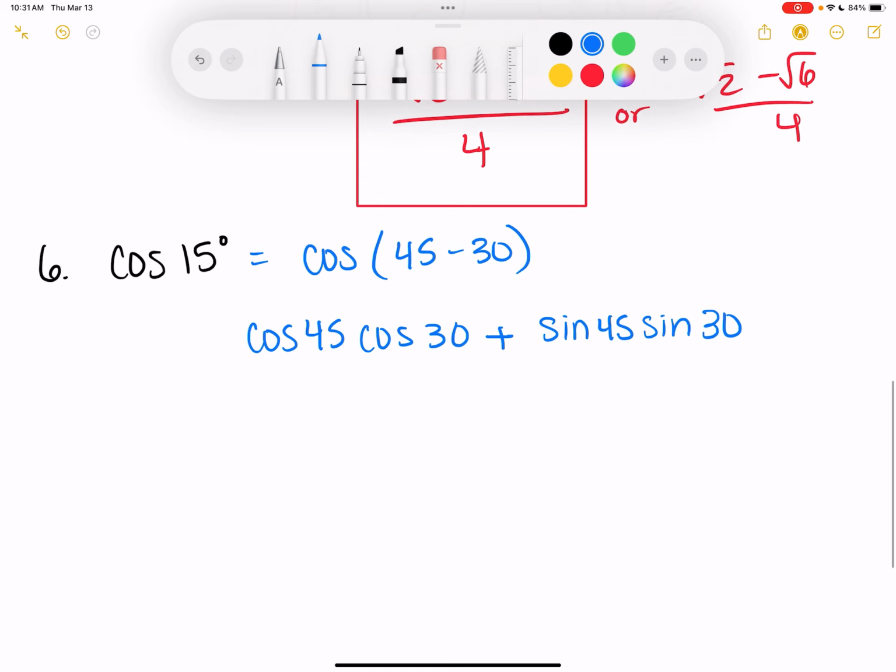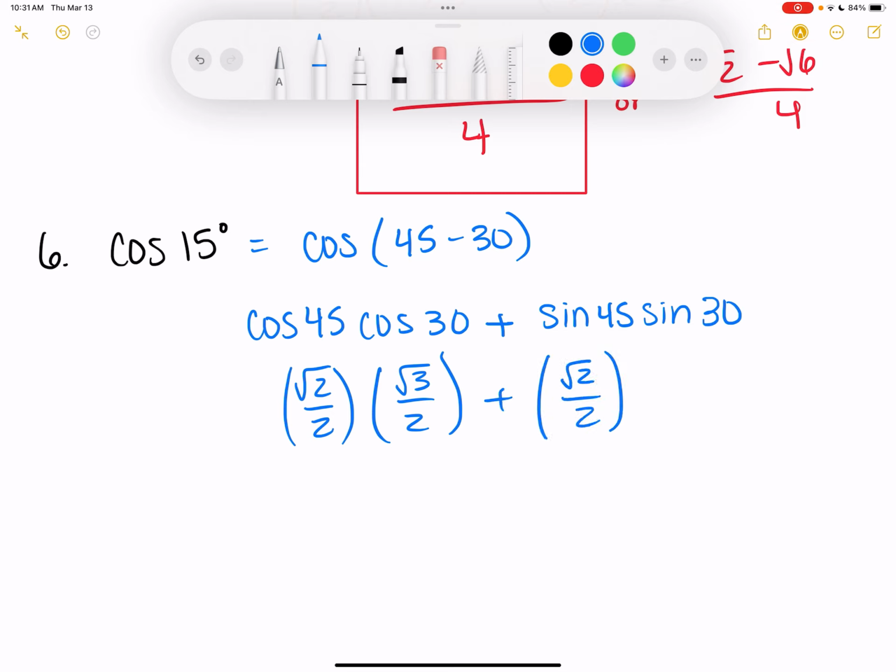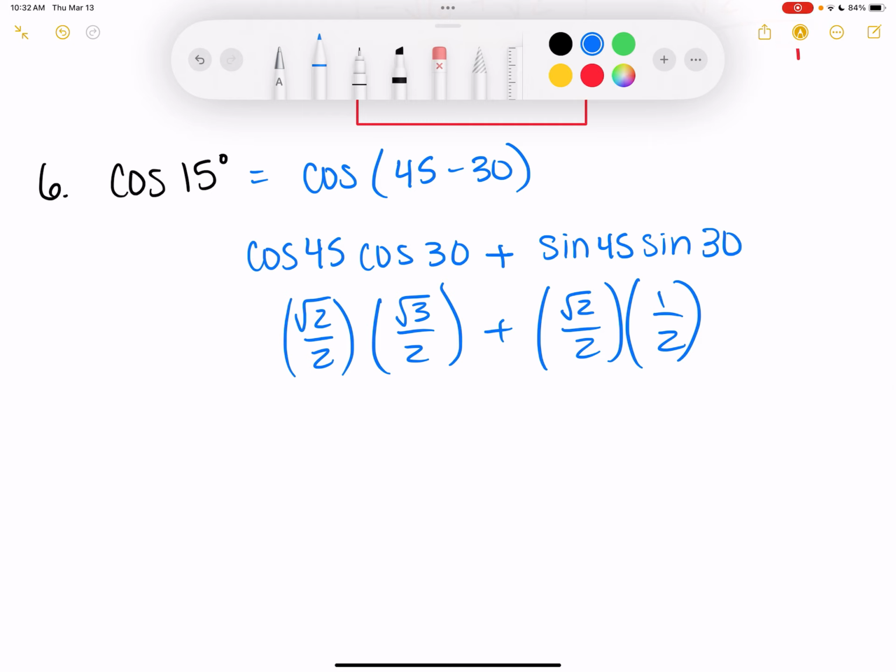What's the cosine of 45? Root 2 over 2. Cosine 30? Root 3 over 2. Plus sine 45? Root 2 over 2. Sine 30? 1/2. And so then I've got root 6 plus root 2 all over 4.